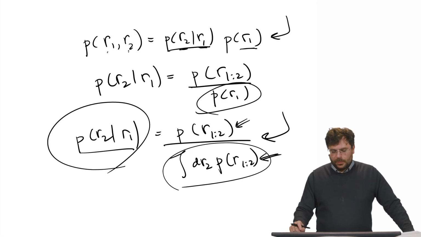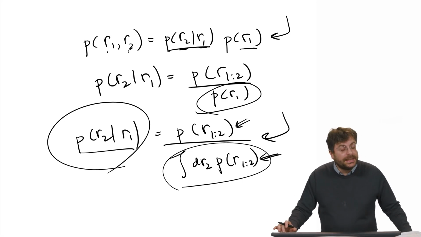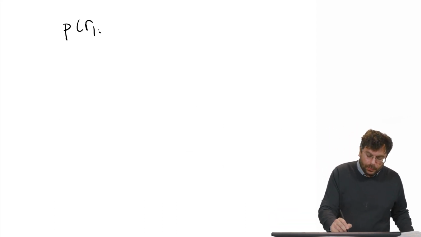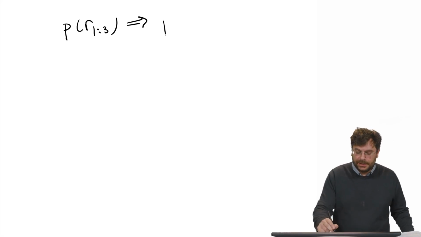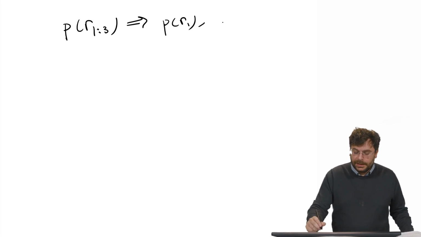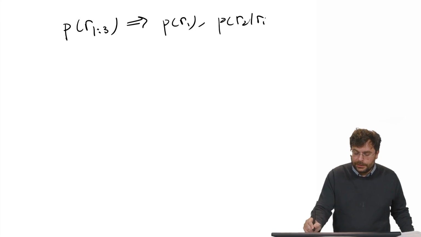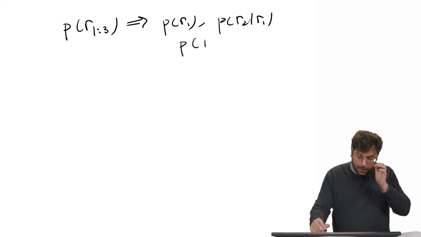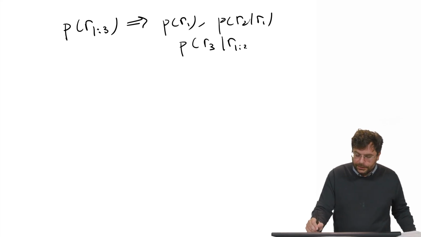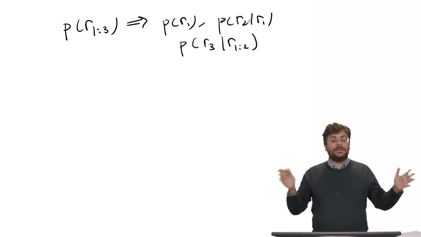Okay, you're going to say, oh, that's great, but you had given me the example with 3 random variables. So I had P of R1 to 3, and to perform ancestral sampling, I needed P of R1, and I also needed P of R2 given R1, and I also needed P of R3 given R1 and 2. How do I construct all of those?